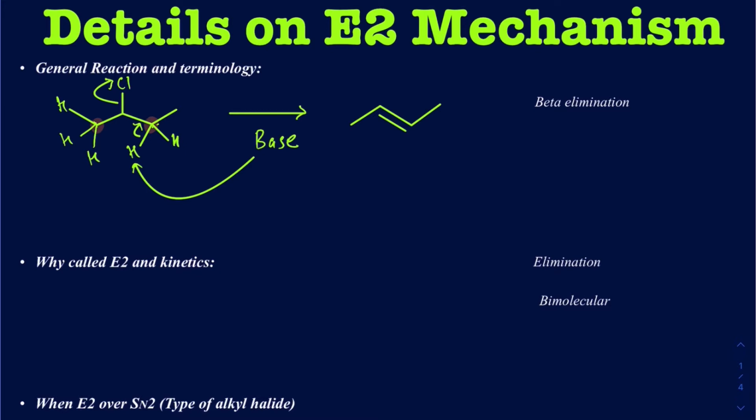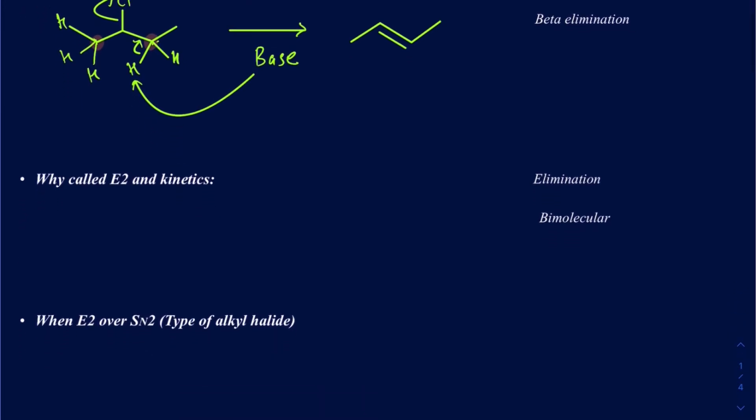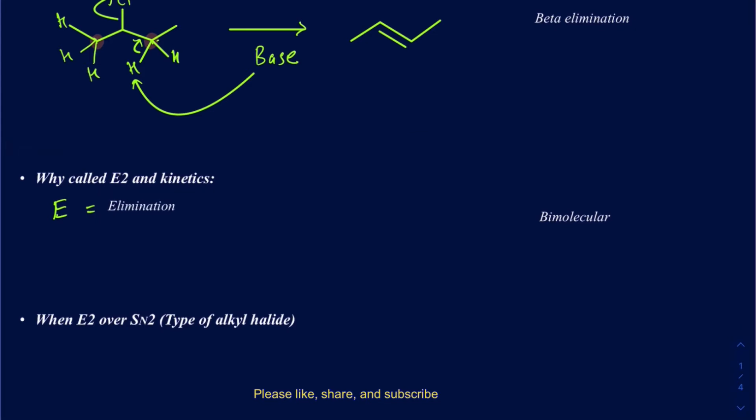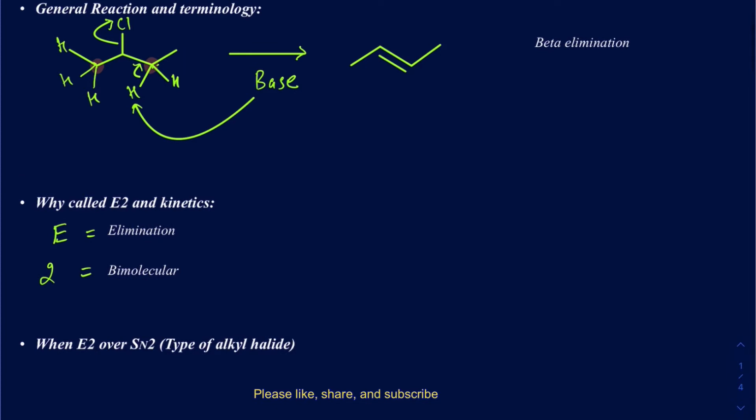Okay, so let's move on to why this is called an E2 mechanism. Obviously, the E comes from the word elimination, and then 2 means it's bimolecular. Just like SN2 was bimolecular, this E2 is also bimolecular. However, in the case of SN2, if you recall, the rate-determining step depended on the alkyl halide and the nucleophile.